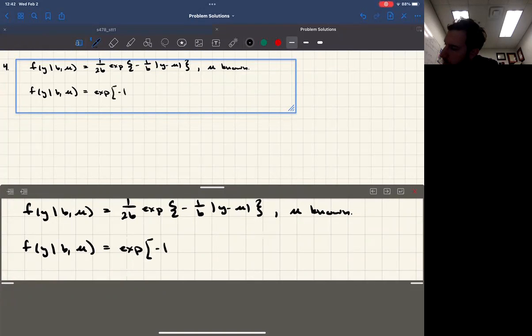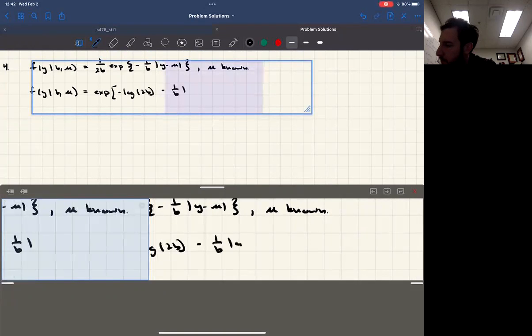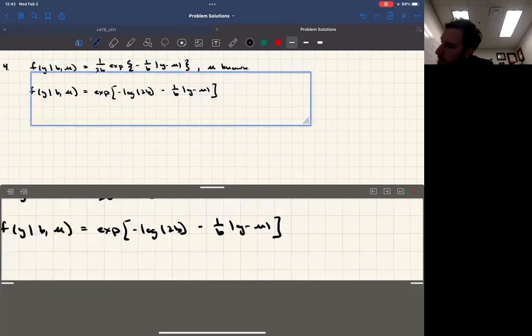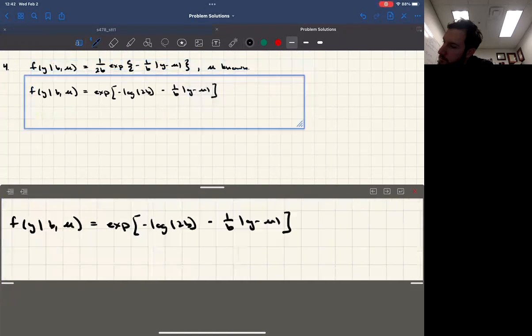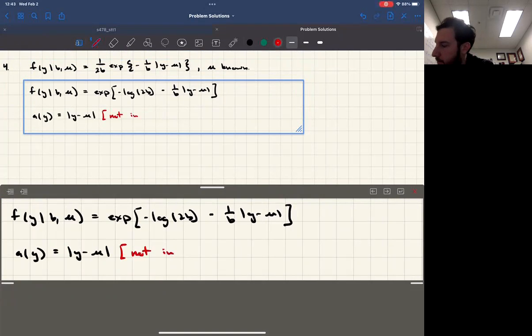Okay, so we have to get this thing. It's going to be negative log 2b minus 1 over b times the absolute value of y minus mu. So in this situation, a of y is equal to the absolute difference between y and mu.